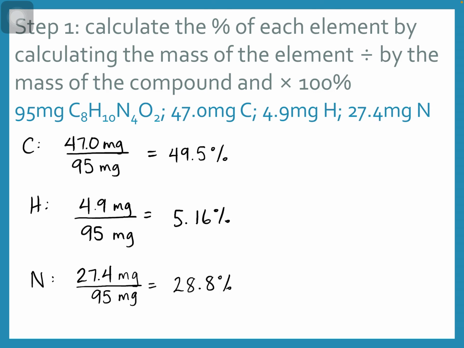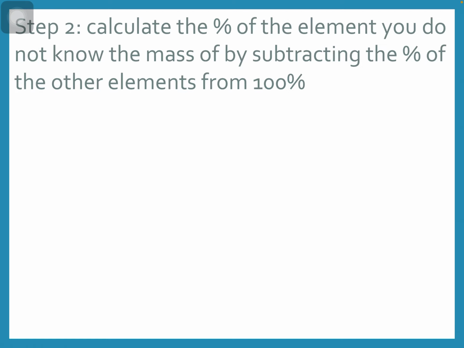At this point we have one more element that makes up caffeine, and so we could add up all the percents we have and subtract from 100, or the other thing we can do is add up all of the masses we have and subtract that from the 95, which is the total for caffeine there.